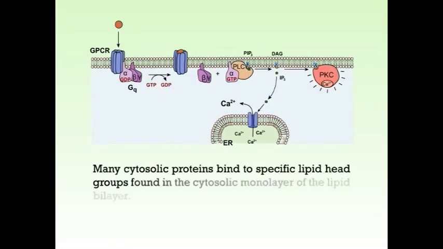Because of its negative charge, phosphatidylserine is located in the inner monolayer. There is a significant difference in the charges between the two halves of the bilayer. Lipid asymmetry is functionally important, especially in converting extracellular signals into intracellular ones. Many cytosolic proteins bind to specific lipid head groups found in the cytosolic monolayer of the lipid bilayer.